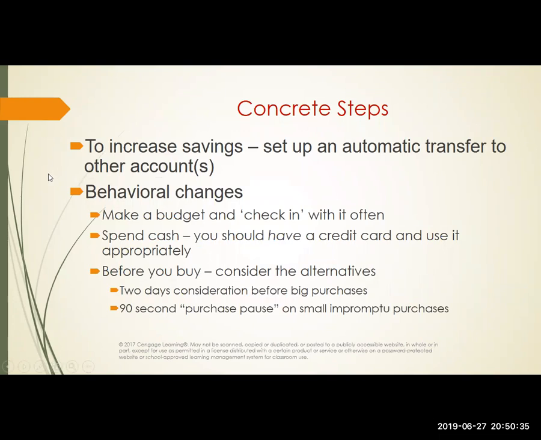Concrete steps. How do I make my budget work? So we've got the spreadsheet, there's a bunch of numbers on it, now what? So there's different ways to, again, work on cohesively saving, and that is to set up an automatic transfer.